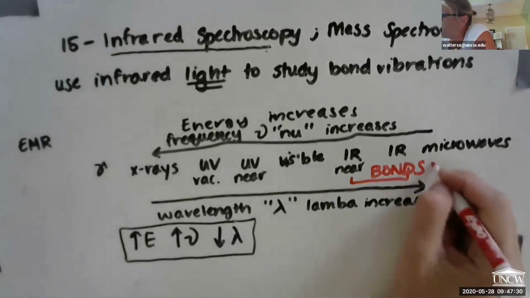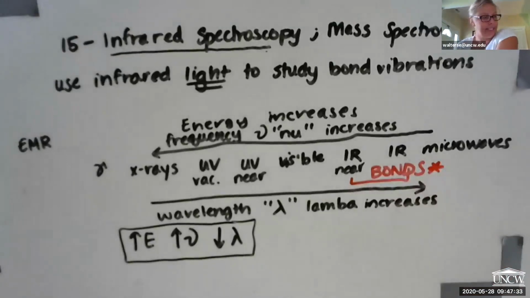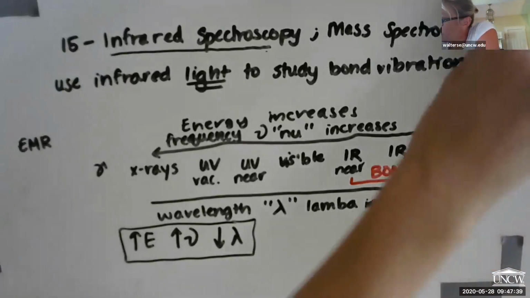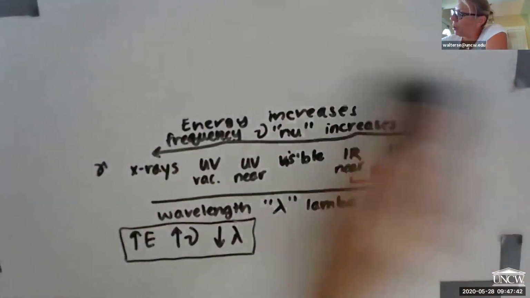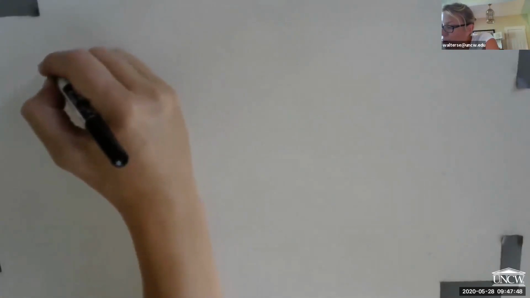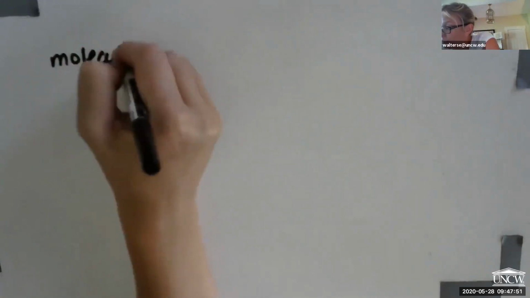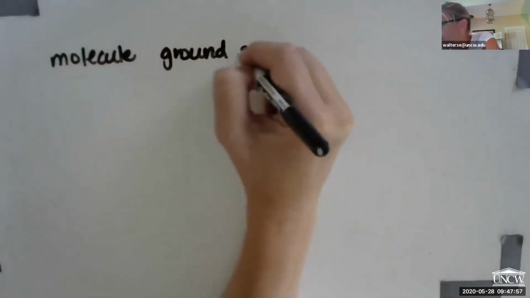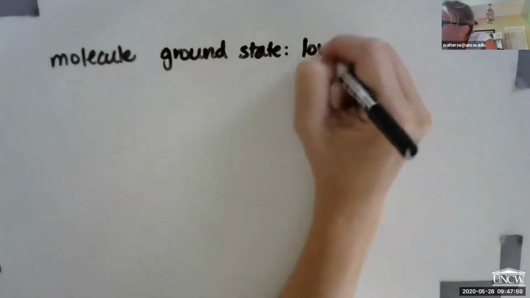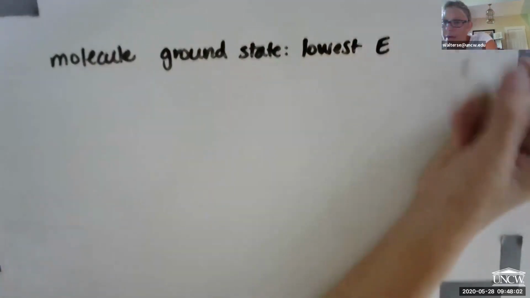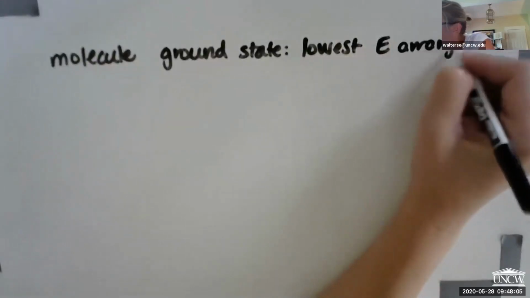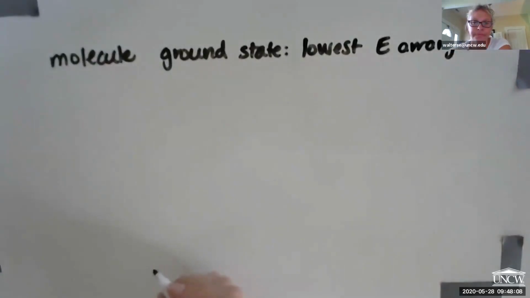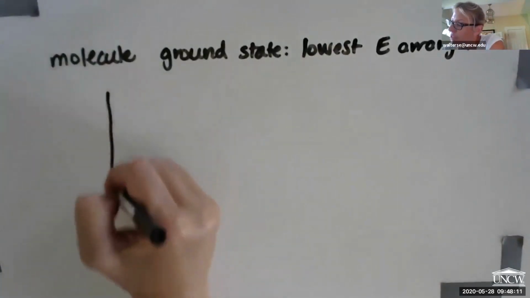So what we're going to do now is talk about bonds and the energy associated with the bond. When you have your molecule, it's traditionally in the ground state, and that just means the lowest energy arrangement of electrons, bonds, all that stuff.